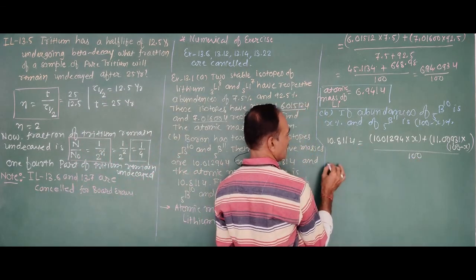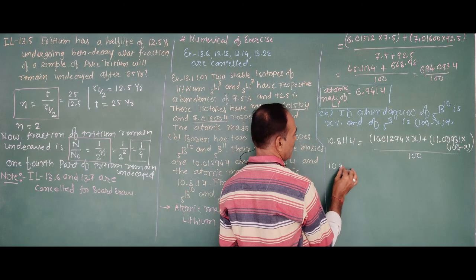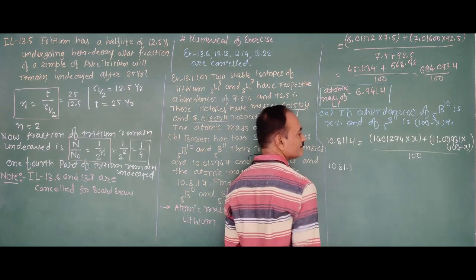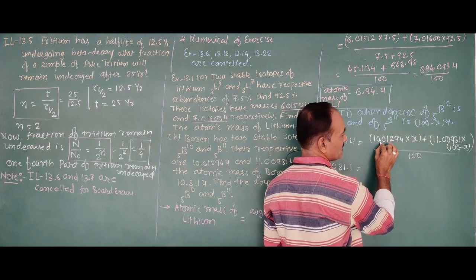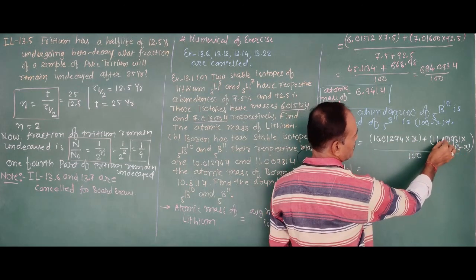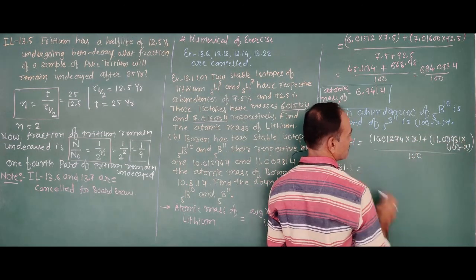Take this 100 to this side, therefore 1081.1. Now multiply with x. Here first multiply with 100 minus x.